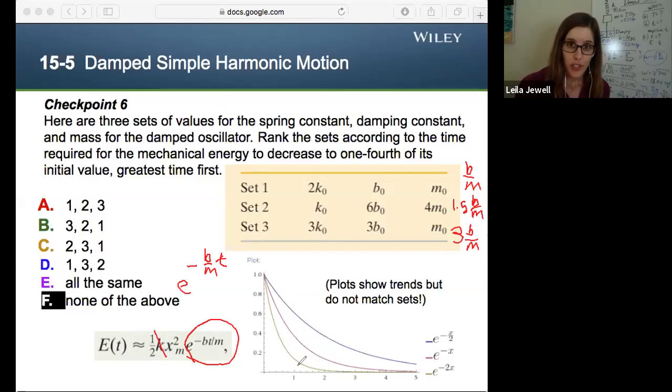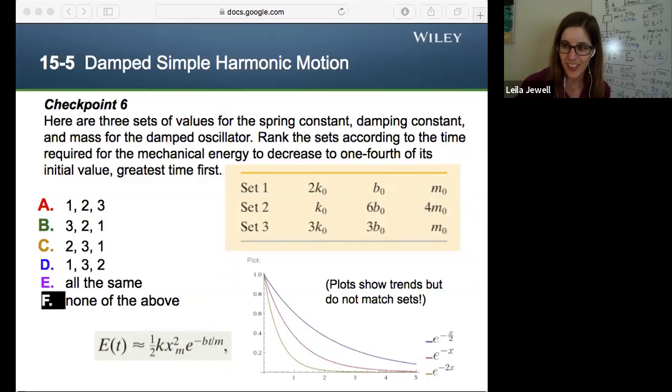Careful here in the question, though. It's going to drop faster, but it wants us to put the greatest time first. The one that will have the greatest time is the one that takes the most time to decrease to 1/4 of its value. It's going to be the one that has the smallest exponential drop-off. And the biggest one will come last. So what does this mean?